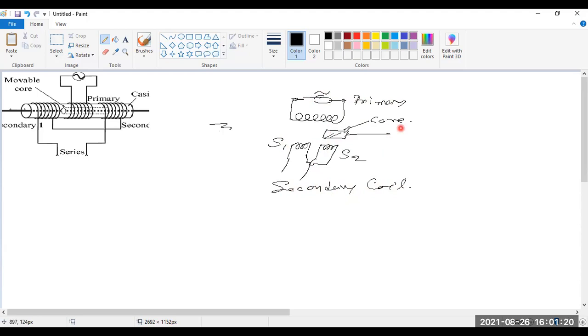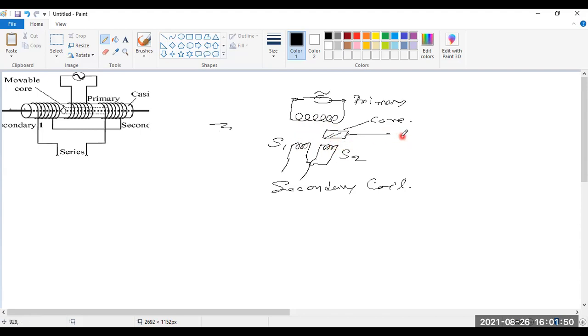Look, whenever the core is at this position, then from the primary to secondary there is induction, and in S1 there is no induction because there is no core there. So only the core position will decide whether S1 or S2 or both S1 and S2 are induced.